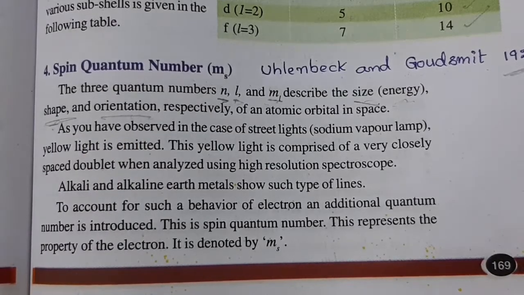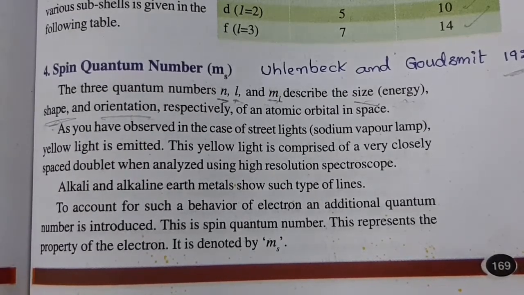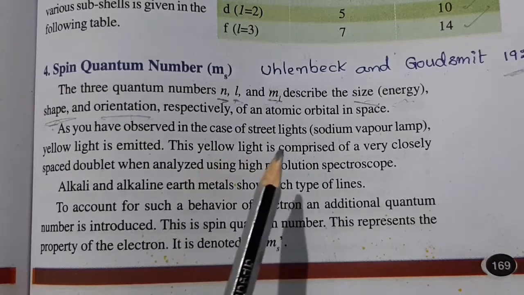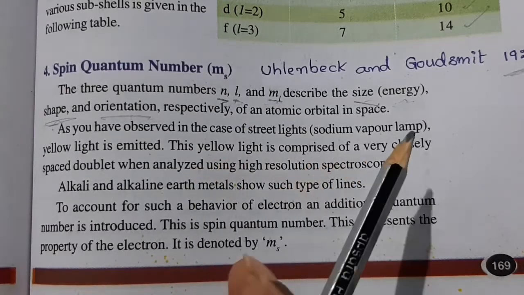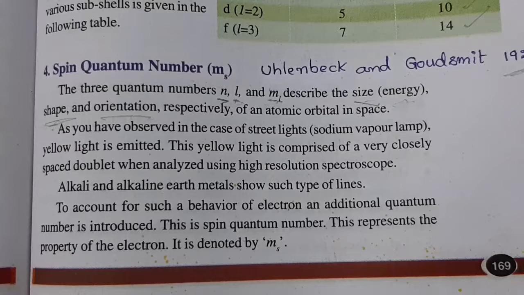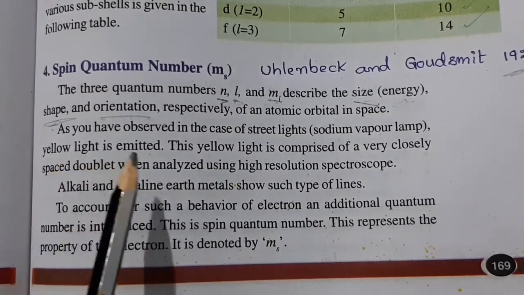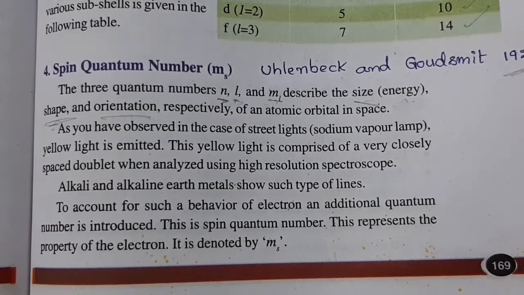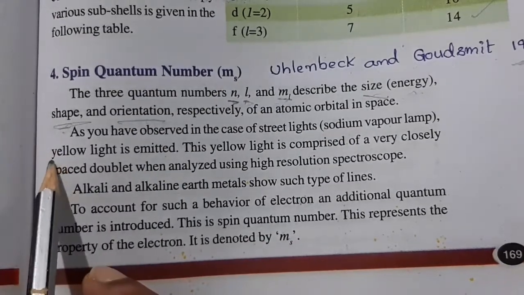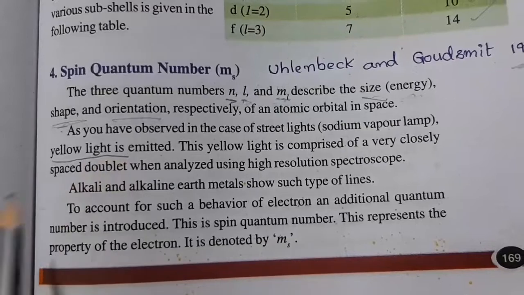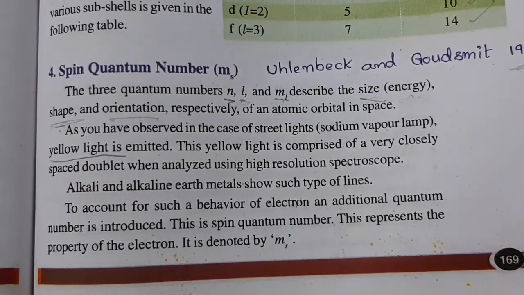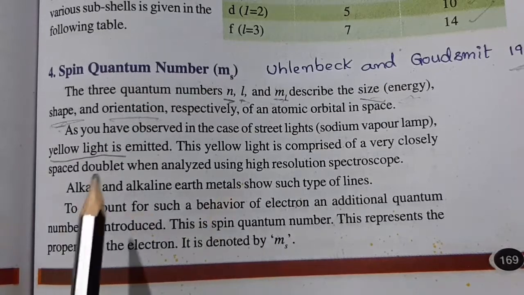So now what about the spin quantum number? As you have observed in street lights, sodium vapor lamps, we can observe a yellow color light. Yellow light is emitted in the street lamps. In the previous class we discussed the electromagnetic spectrum: different salts and different metals emit different colors. Sodium vapor gives yellow color.